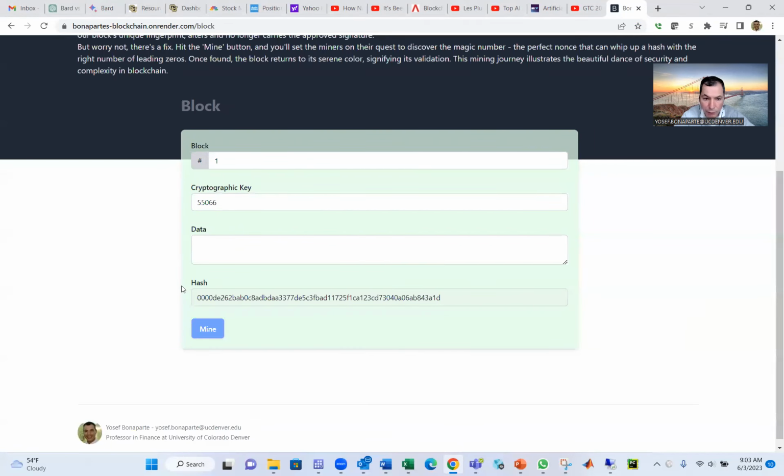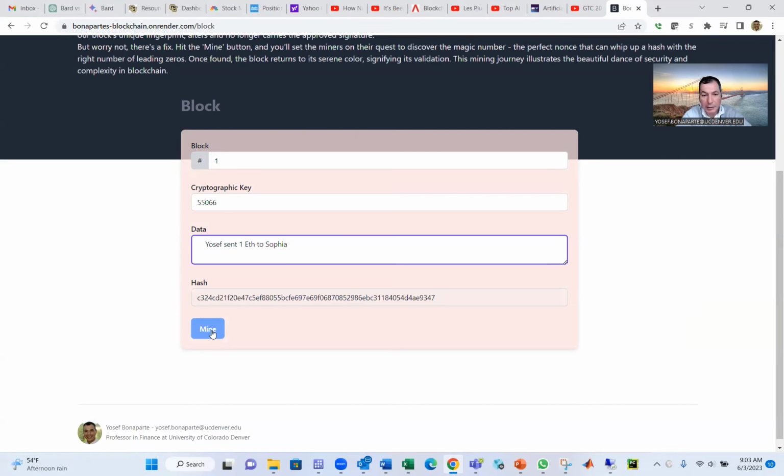What is a block? There are four things to know about the block. It has a block number, starting with 1, 2, 3, and on. Then the cryptographic keys for the block, then the data, and then the hash. Notice the hash starts with four zeros. Now, Joseph sent 1 Ether to Sophia, for example.